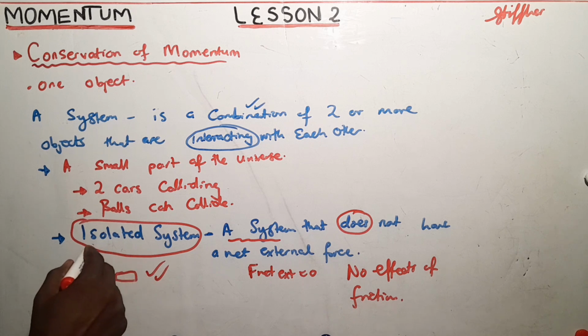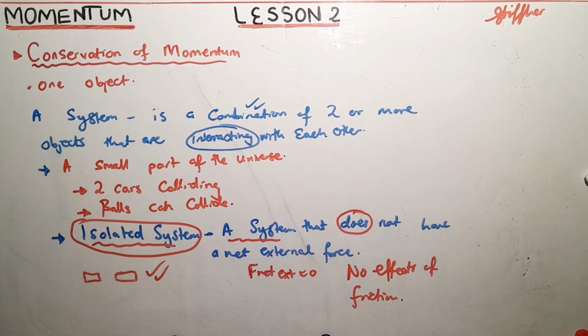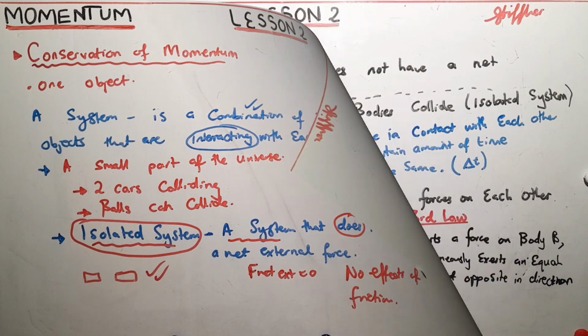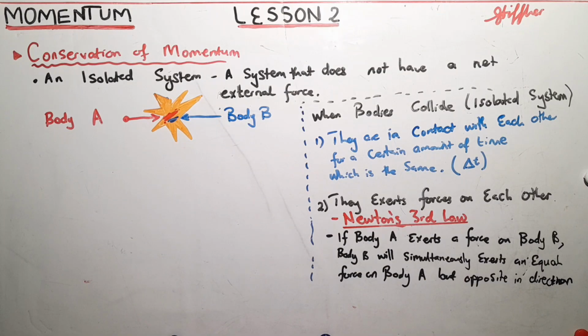So sometimes they can ask you in the exam, what's an isolated system? And that's how you can answer that. So let's consider this collision in an isolated system. So we want to explore more on what happens when bodies collide.